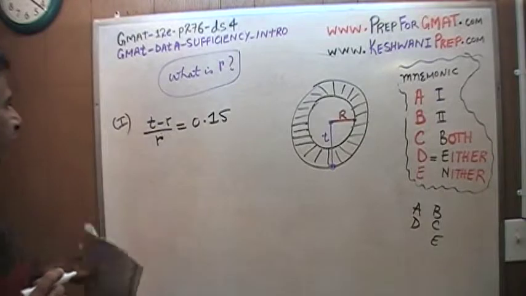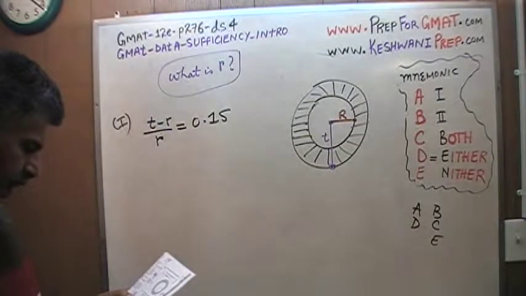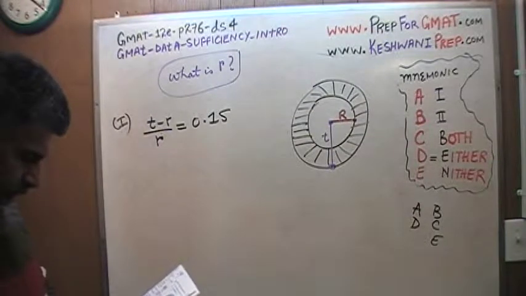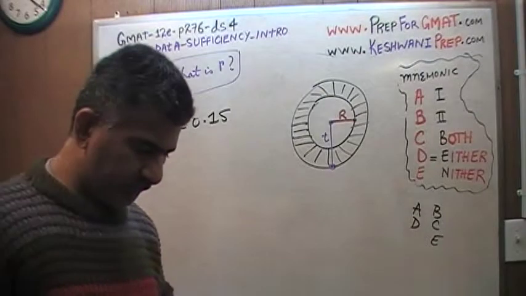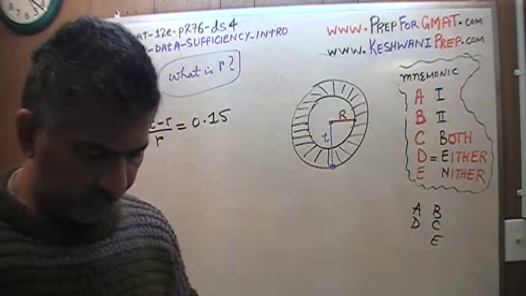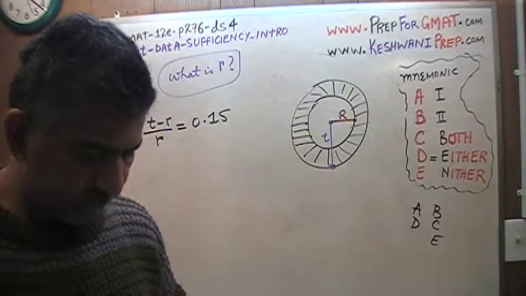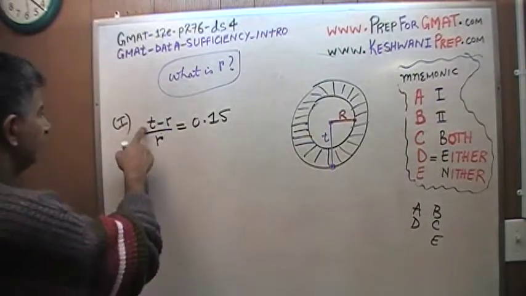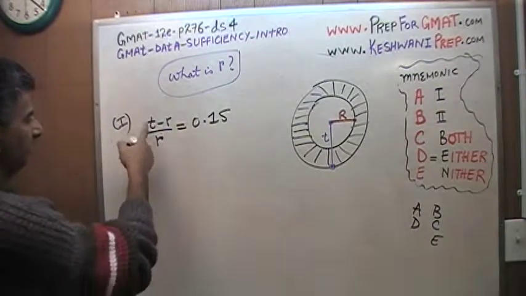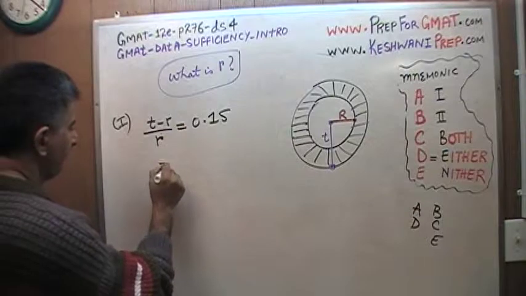Well, that's not going to be enough to figure out r by itself, but the statement also says t minus r equals 0.3. Well, that makes it easy.